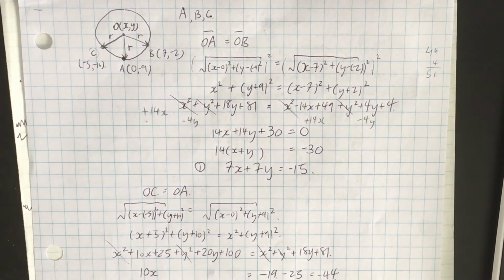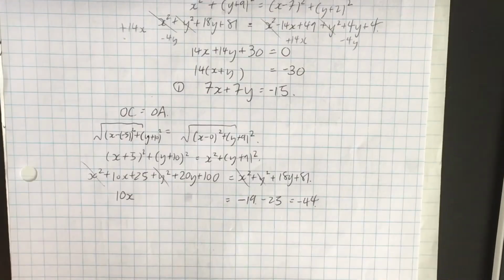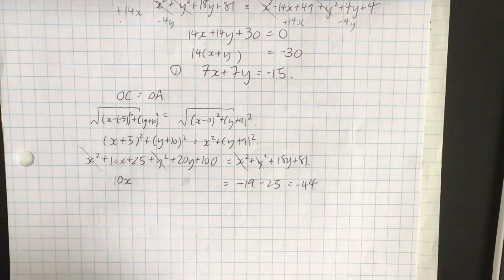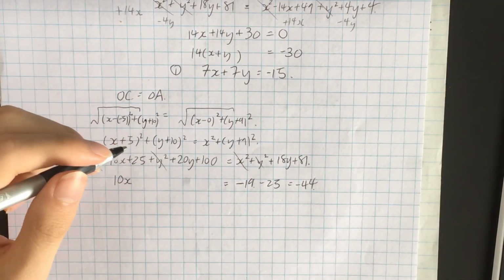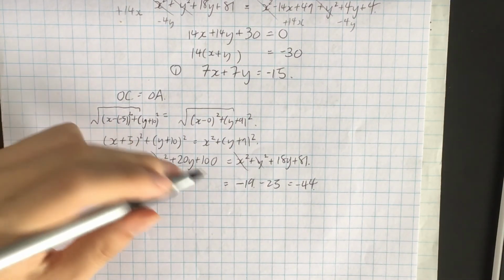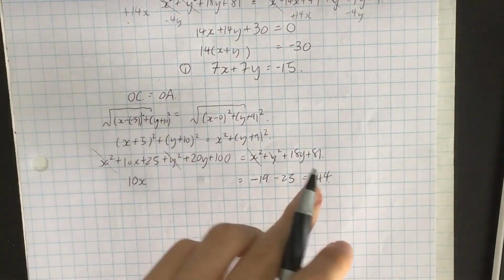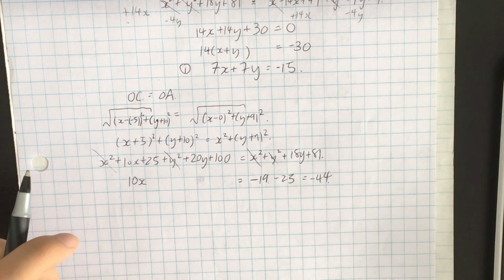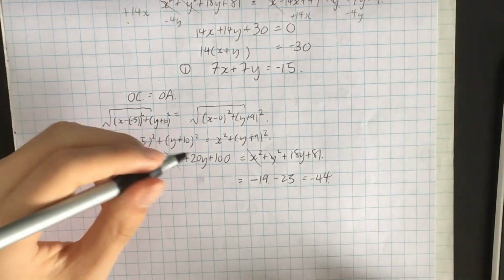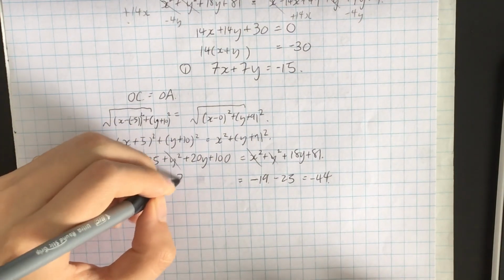Okay, and then we're going to subtract 18x to the left. So we have plus 2y.